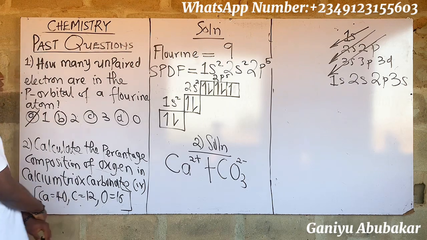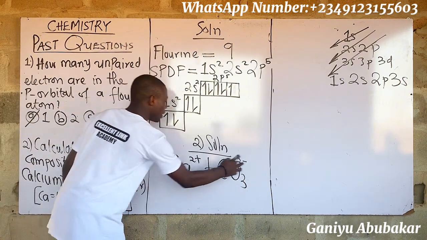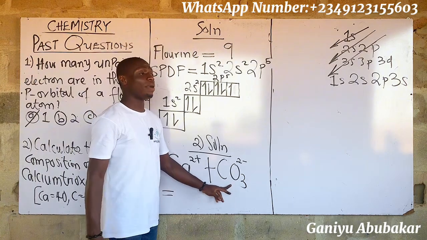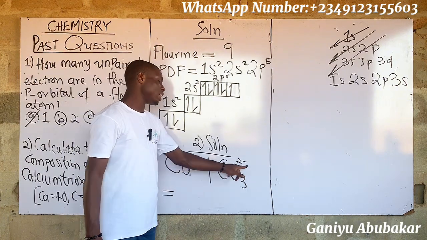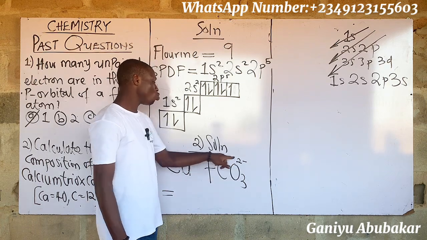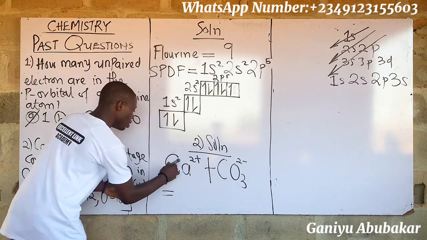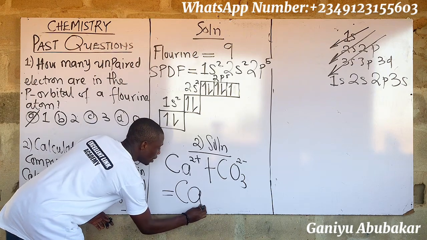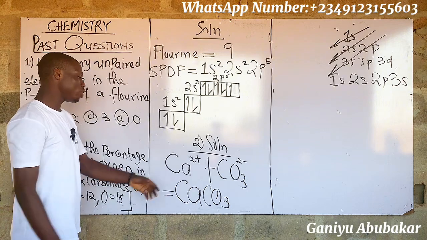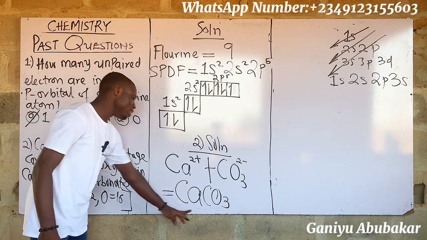Two elements can only combine if they have opposite charges. This plus and minus can combine, and since they have the same power, 2, they will cancel out. So it becomes CaCO3. The compound is called calcium trioxocarbonate IV.